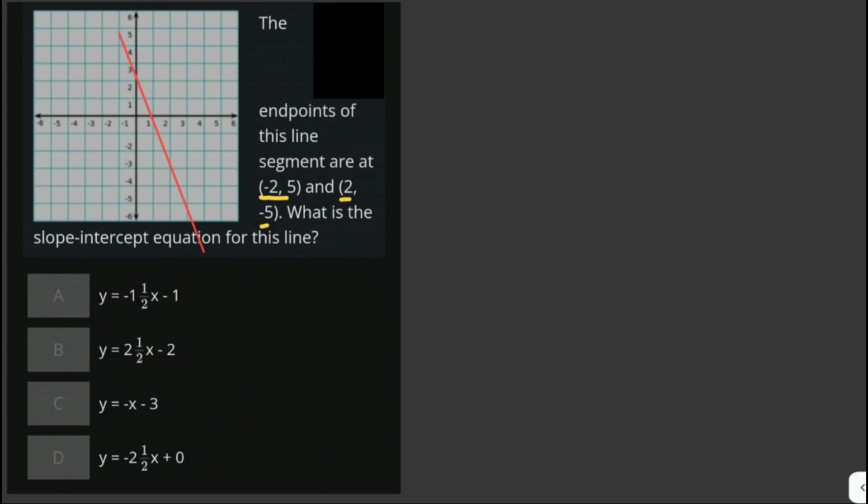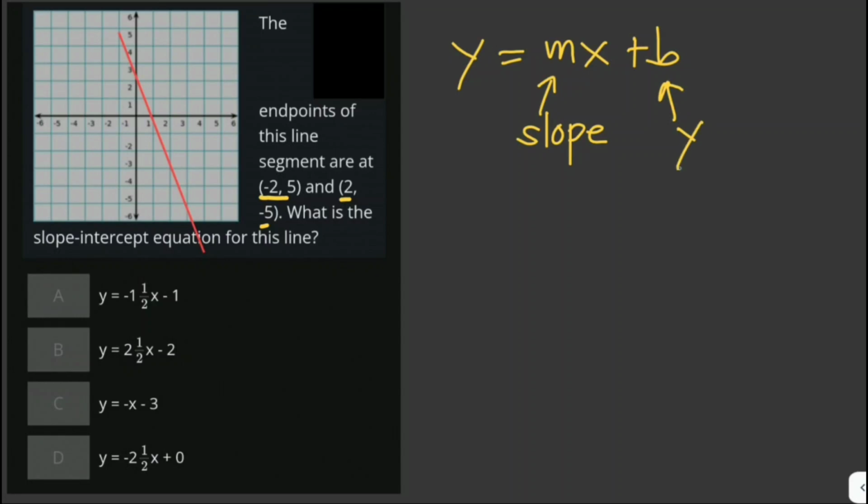Okay, the slope-intercept form of the line is y equals mx plus b, where m is the slope and b is the y-intercept.